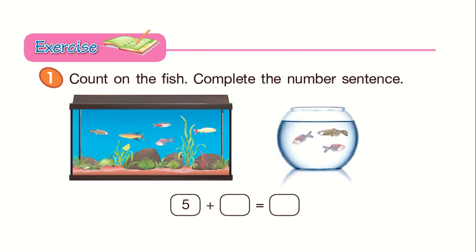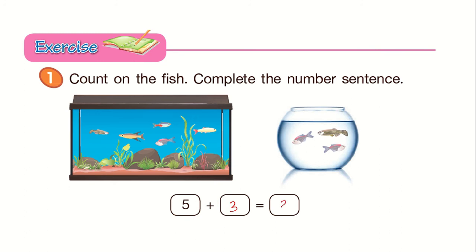Number 1. Count on the fish. Complete the number sentence. Let's check. 1, 2, 3, 4, 5. Here we have got 5. 1, 2, 3. So here we have got 3. So what is 5 plus 3? If this is 5, we can count on to get 6, 7, 8.